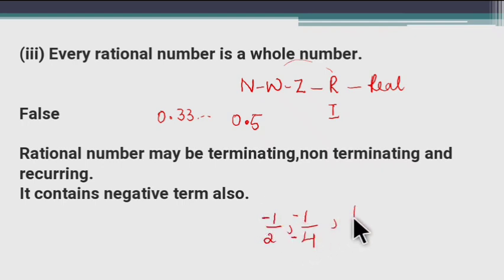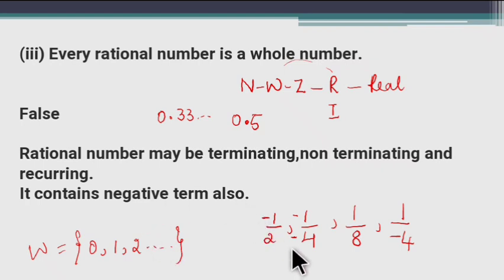But whole numbers contain only 0 and positive numbers, while rational numbers contain negative numbers also, and rational numbers are terminating also, non-terminating also. So all the rational numbers are not whole numbers. This is the answer for this question.